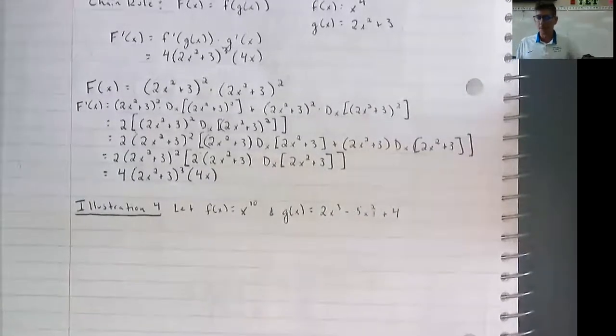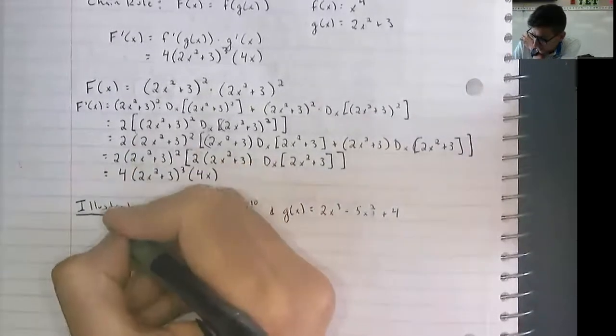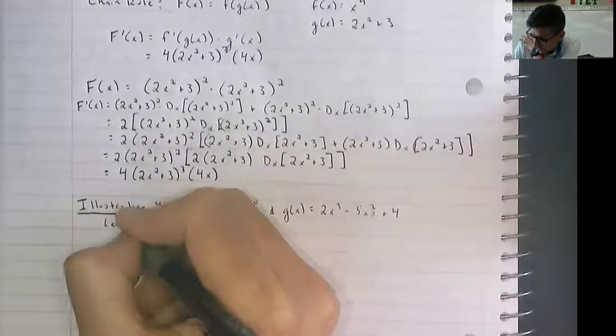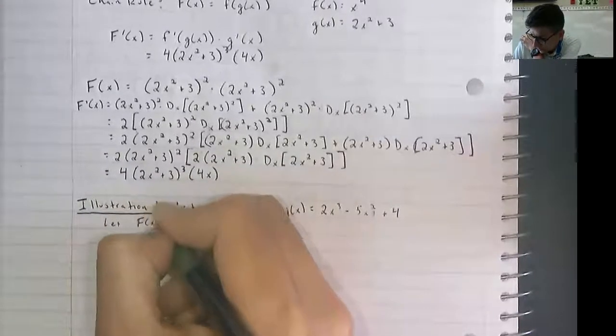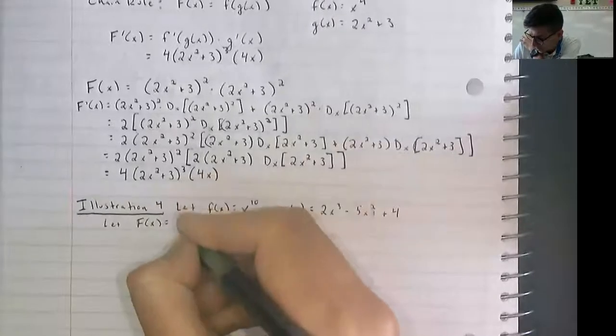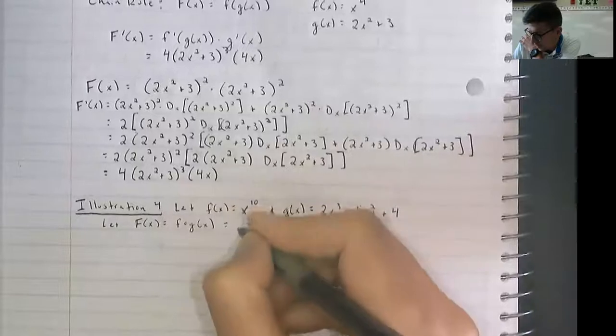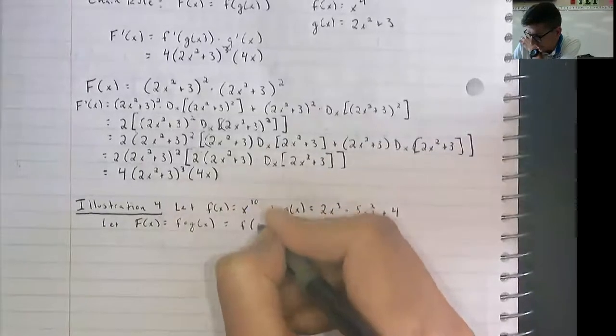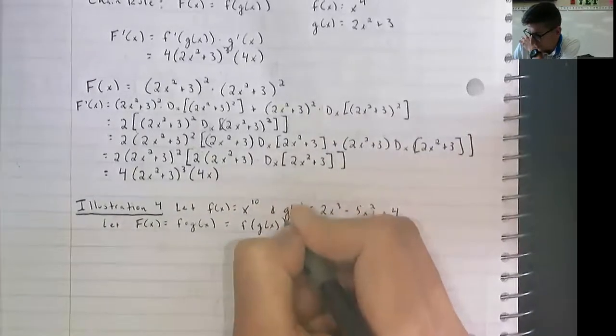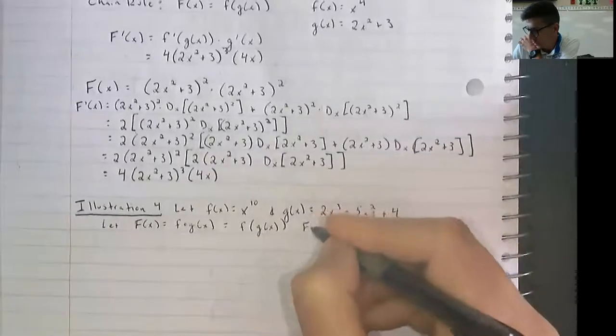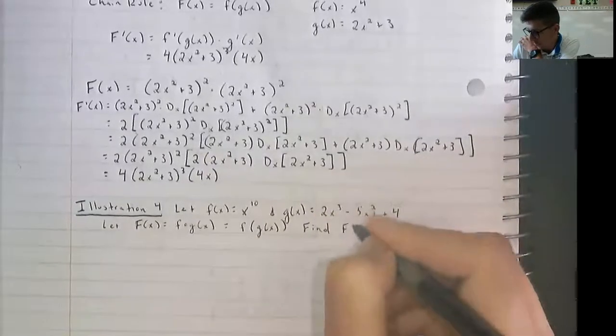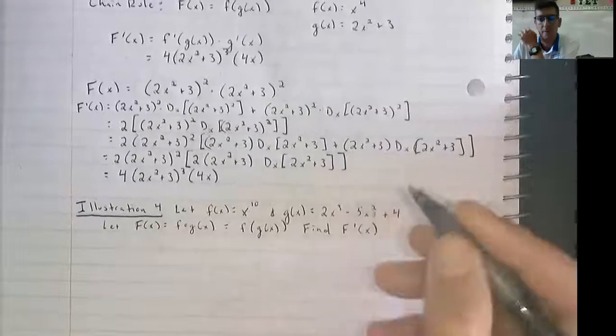And we let some composite function, big F, be equal to f of g of x, which sometimes is helpful to think of as f of g of x. And then, of course, we need to find F prime of x, the derivative of F.